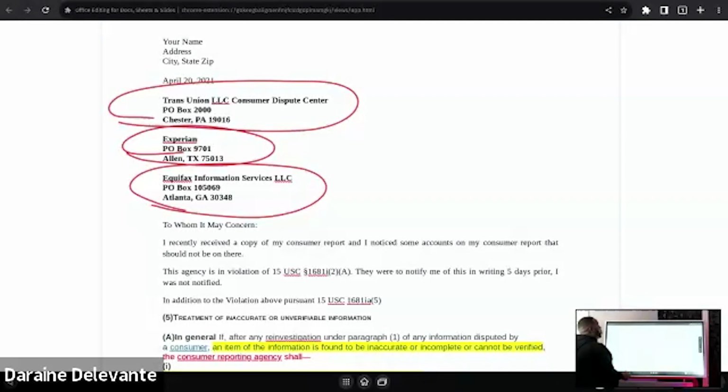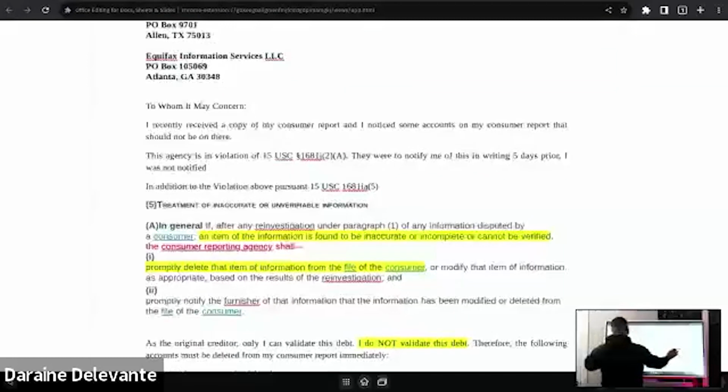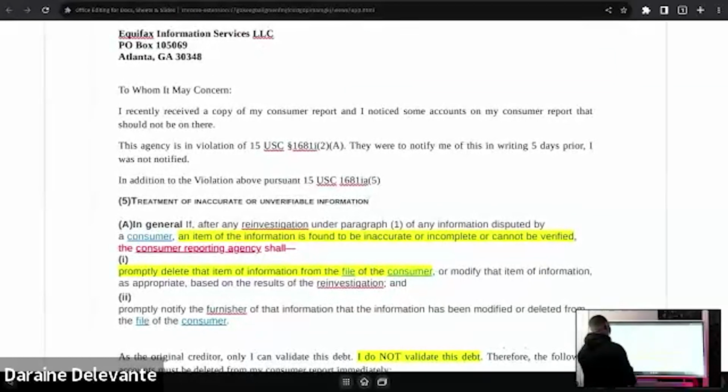This is who you're sending this letter to. All right, so it's a very effective letter, and it asks for just simple things. I recently received a copy of my consumer report, and I noticed some accounts on my consumer report that should not be there.